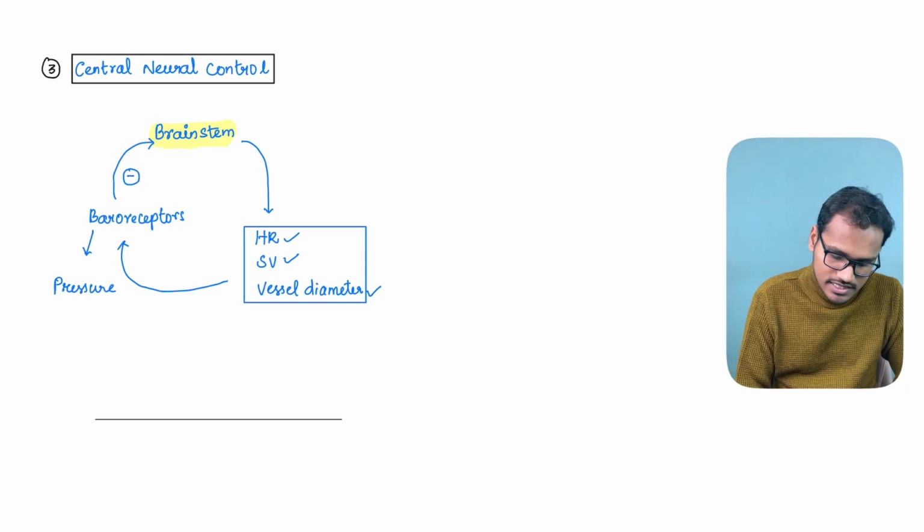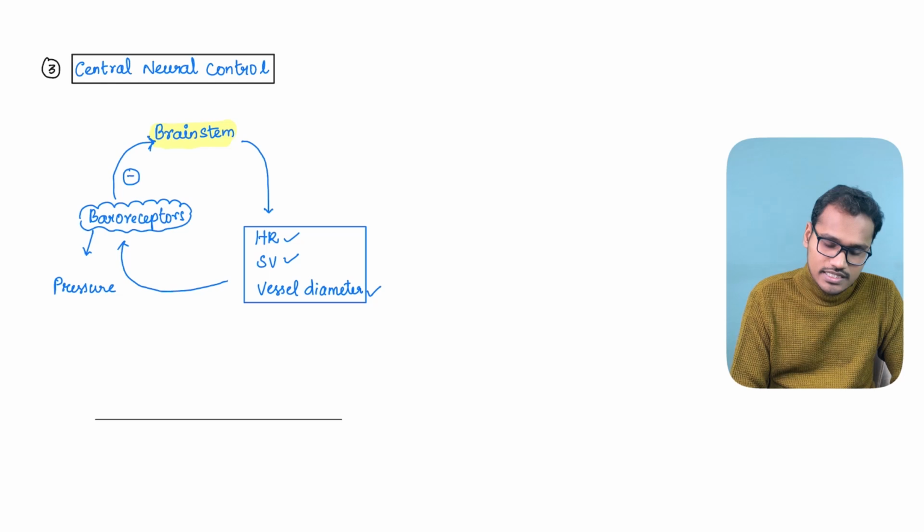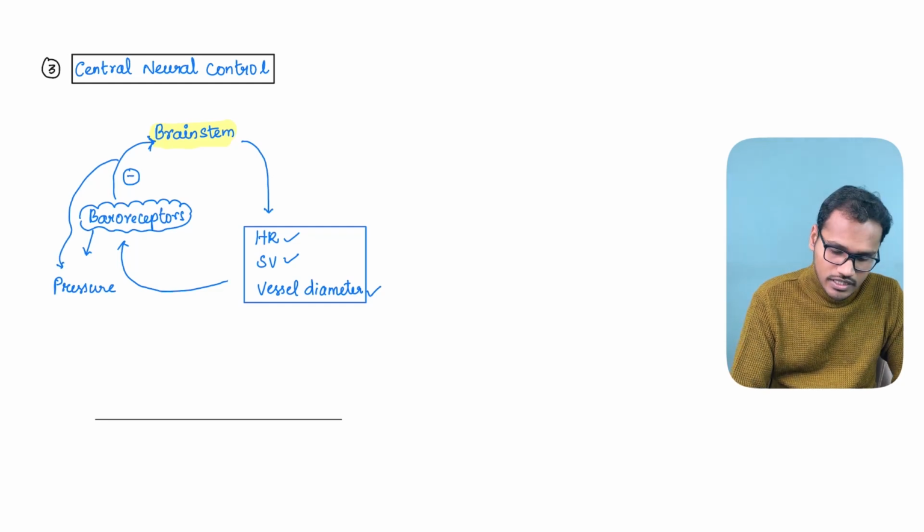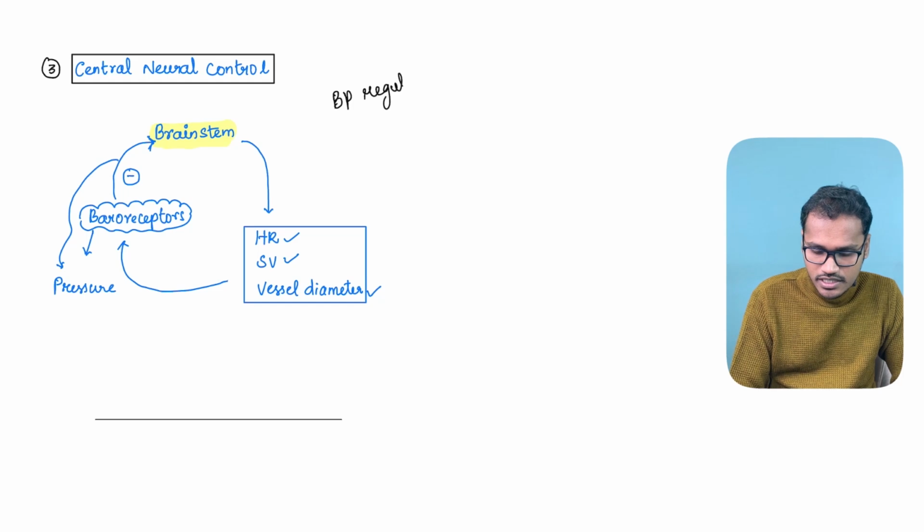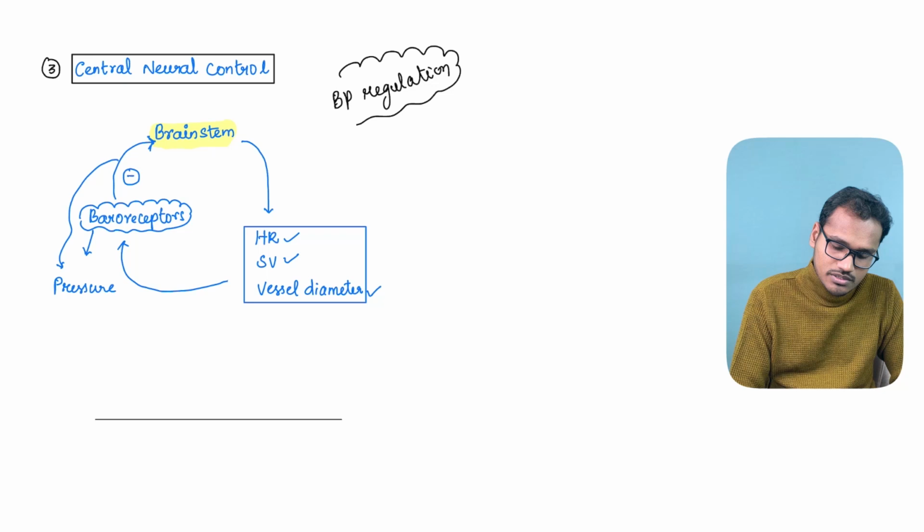These sensors give the information, and one example is baroreceptors, which give the information to the brainstem. This brainstem will again decide, act upon and regulate the end result, that is the blood pressure control. Don't worry, this again we will study in BP regulation, in detail, about the baroreceptors, chemoreceptors and everything.